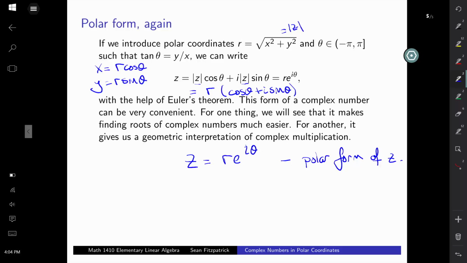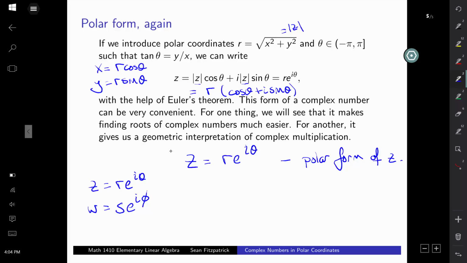Now, one of the things that's nice about the polar form: if I have two complex numbers, let's say z is equal to r e to the i theta, and w is equal to, I don't know, let's say s e to the i phi. I've got two different modulus values, two different argument values, two different complex numbers.